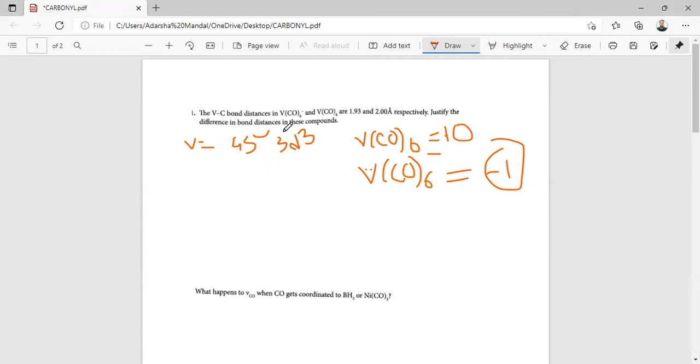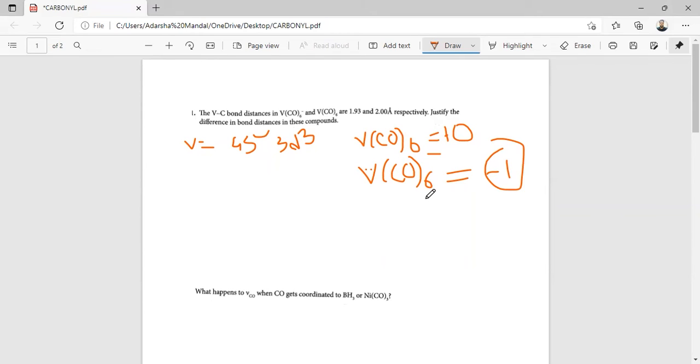So in V(CO)6 minus there is more electron density on the vanadium metal center compared to the V(CO)6, because V(CO)6 minus is more electron dense.